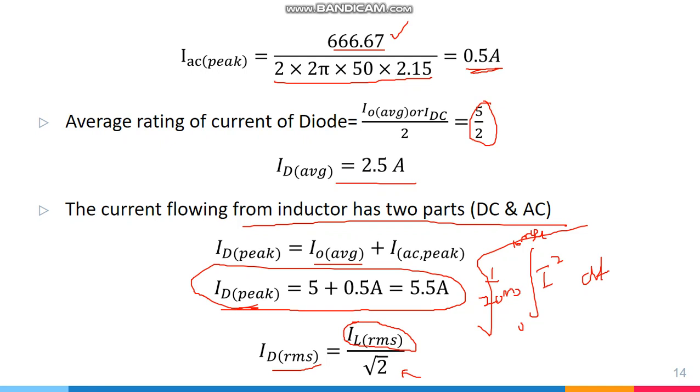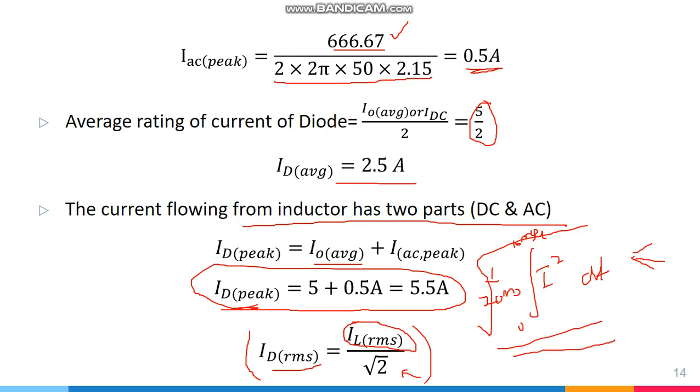We have discussed this formula in capacitive filtering, so either use this approximation or stick to the basic definition, that is integrate from 0 to the conduction time of this diode. When we are using an LC filter or inductive filtering, the diode will be operating throughout the half cycle, and the repetition cycle will come after one whole cycle, 20 millisecond. So either use this definition or this formula, you will get the same result.